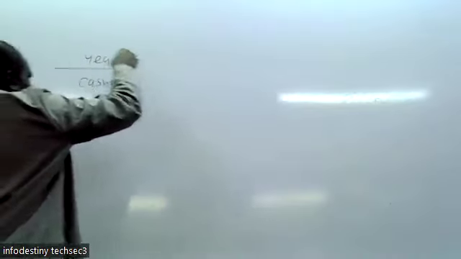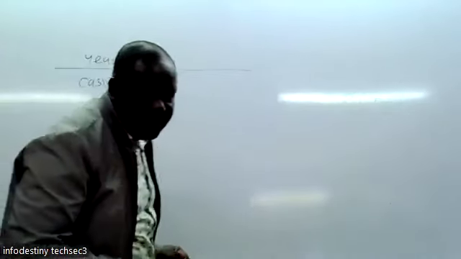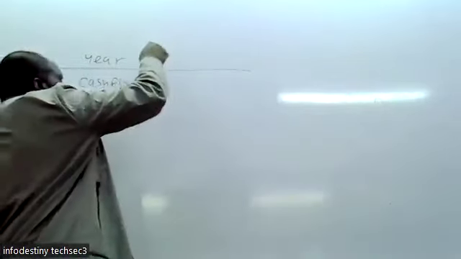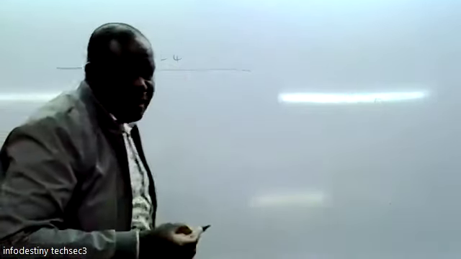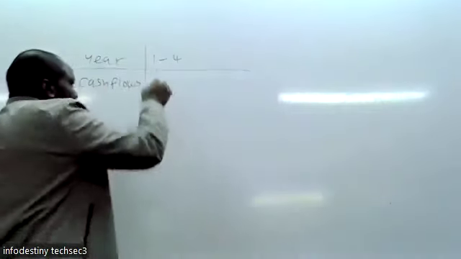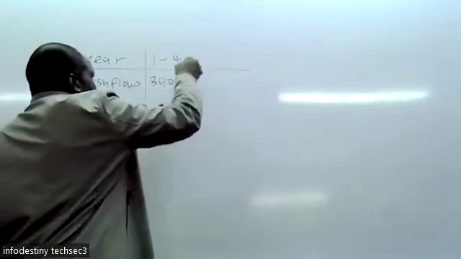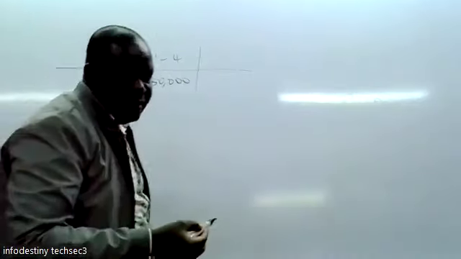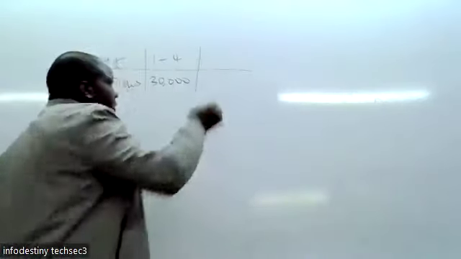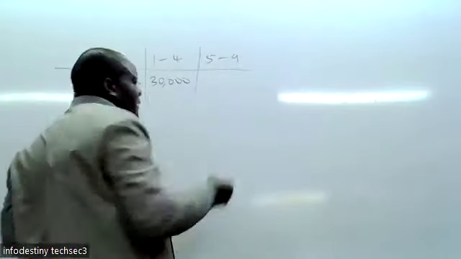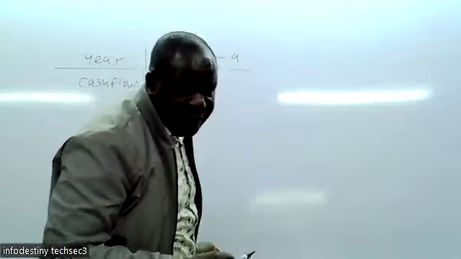You can simplify it by having a column for the year and also a column for the cash flows. The first one is from year 1 to year 4, where the cash flows are 30,000. The next one is year 5 to year 9, where the cash flows are 50,000.